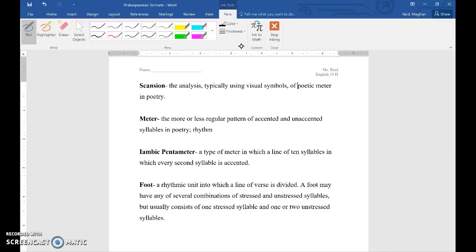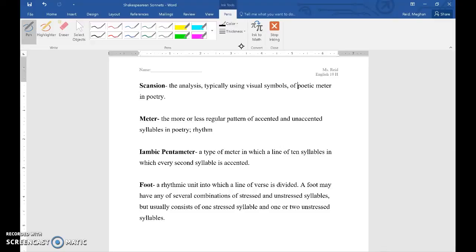Now, Shakespeare was a huge fan of one particular type of rhythm. He loved what we call iambic pentameter. And so iambic pentameter is a type of rhythm that really kind of captures the reader's attention. And the way that it does it is very interesting.